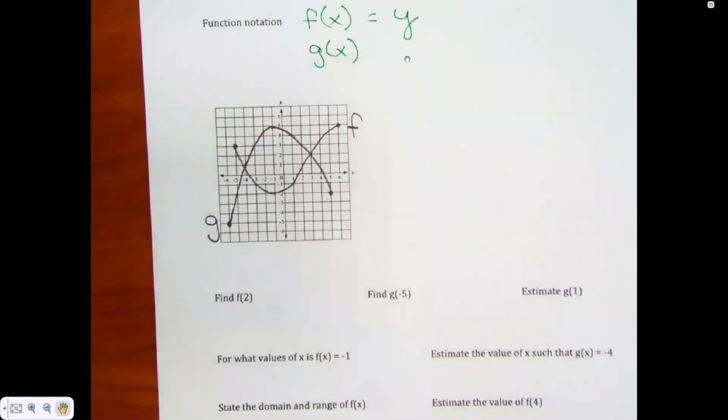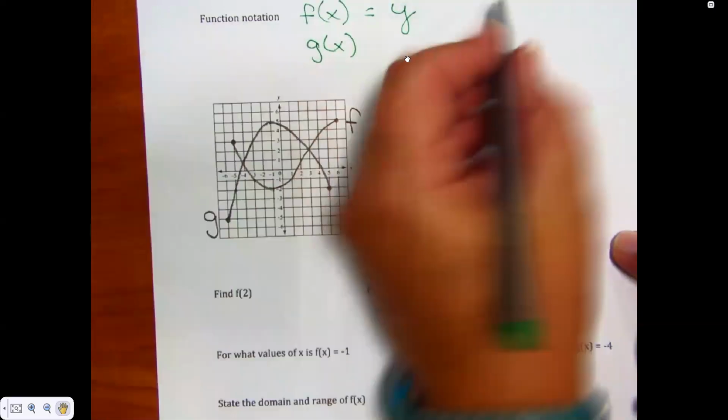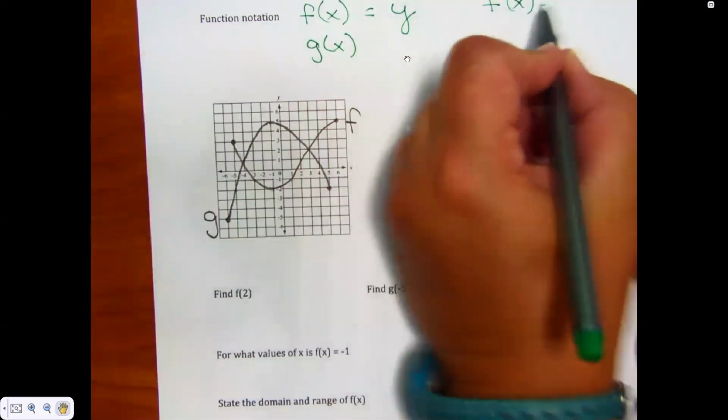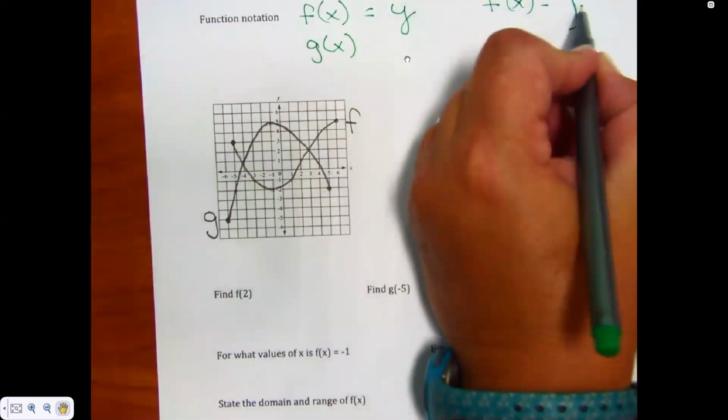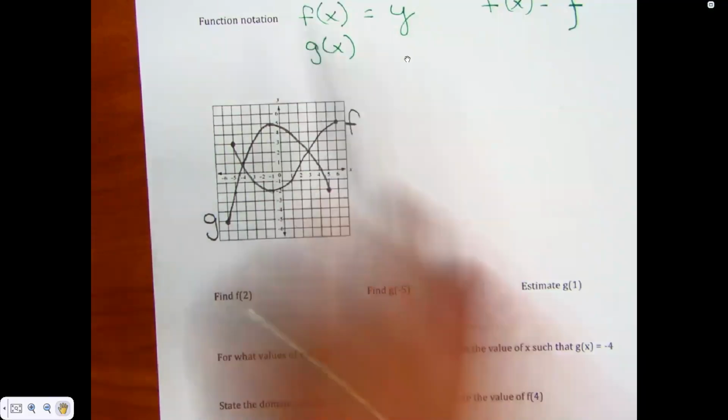Now, our book doesn't always like to put this. What they'll do instead of f of x is a fancy f. And they say, hey, that's my notation for an f function. So when you're on WebAssign, it should look a little bit curvier. It's supposed to be a fancier f, and they use that sometimes instead of that notation.